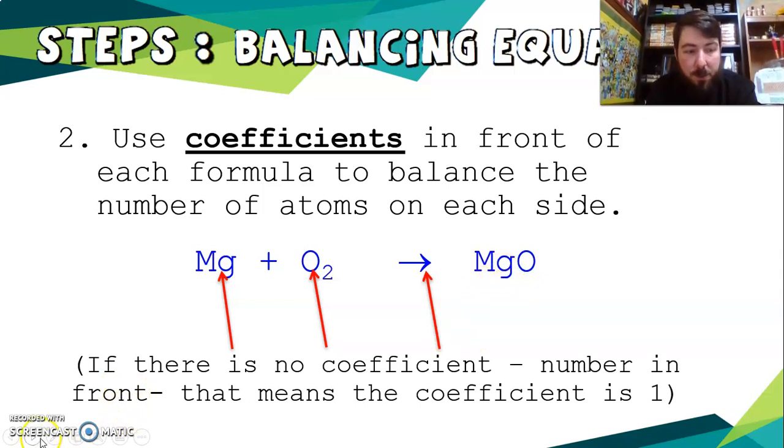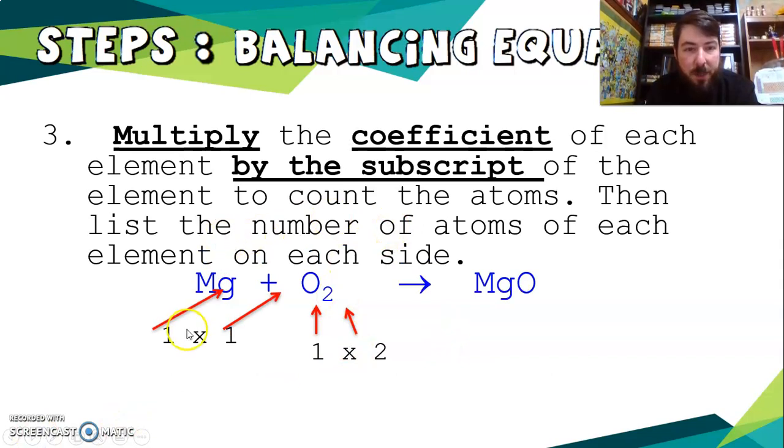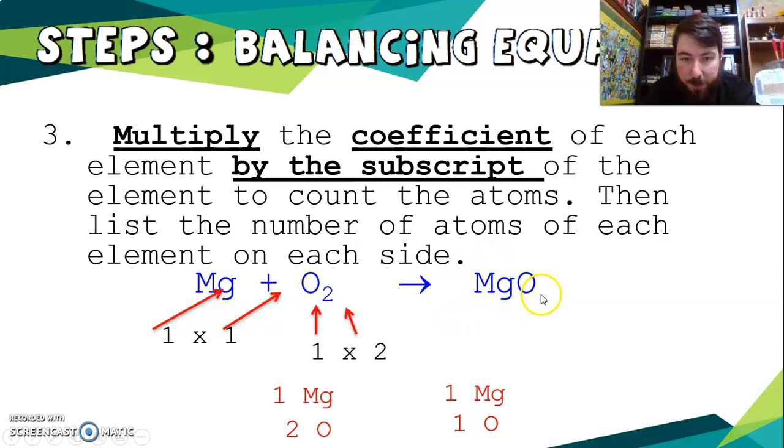So what we're going to be doing is we're going to be trying to find the coefficients in front of each of these parts of the reaction. So here you can see we have one magnesium and we have two oxygens on the left side. And on the right side, there's an invisible one, and there's also invisible ones there.